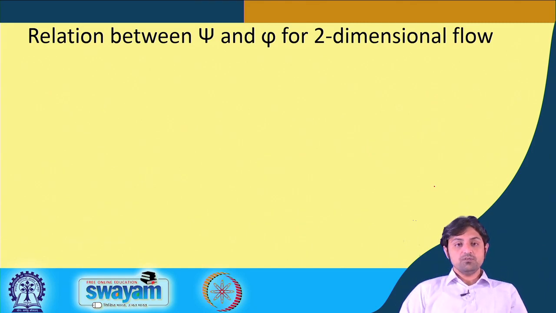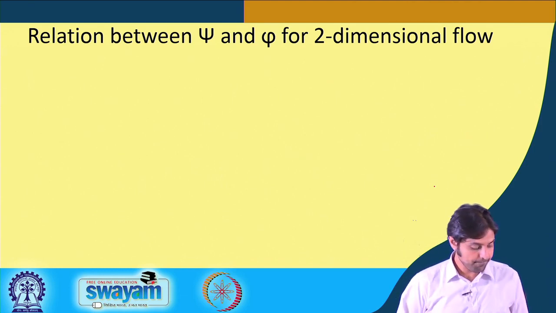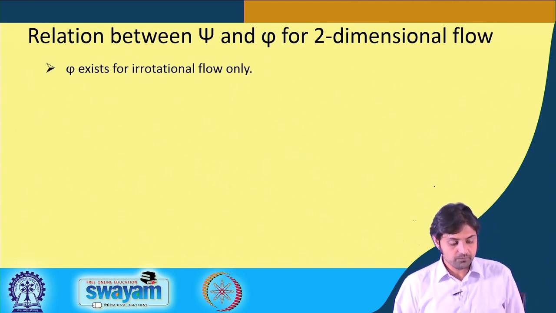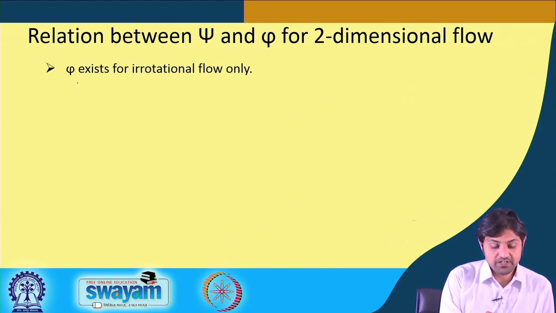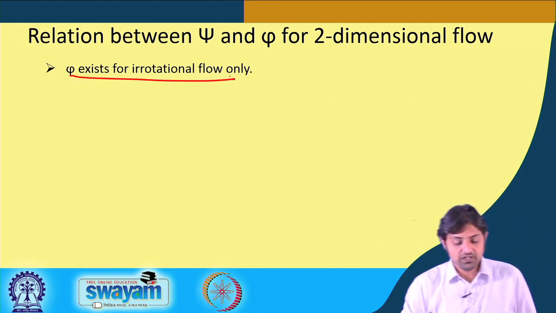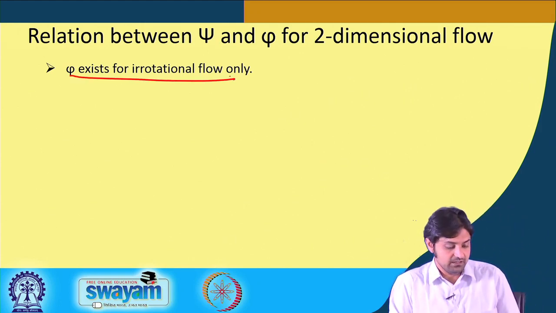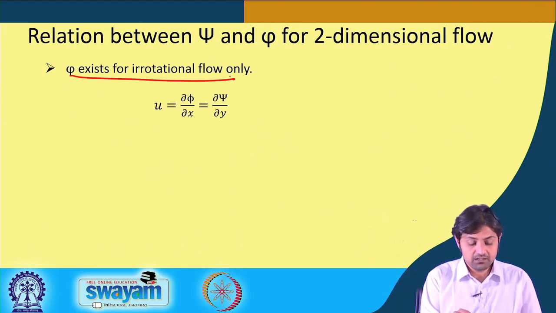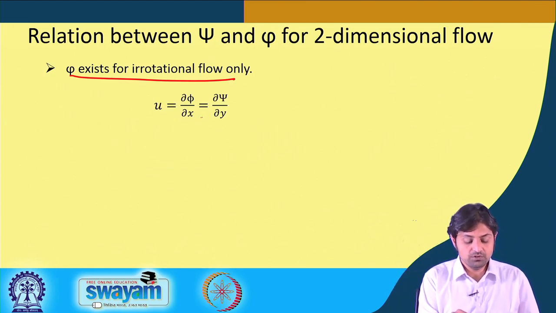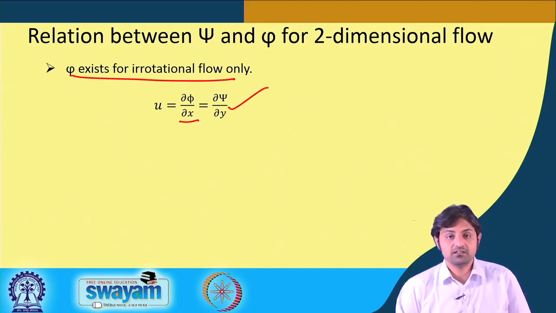Now, the relationship between phi and psi for two-dimensional flow. As we have seen, phi exists for an irrotational flow only. Then u is equal to del phi by del x, which is the velocity potential, equal to del psi by del y.